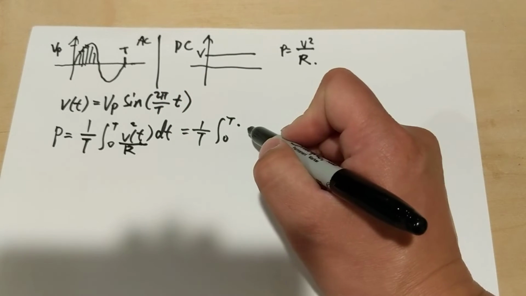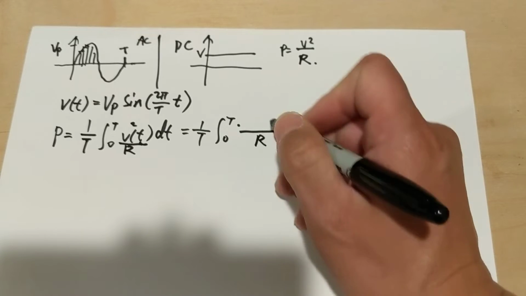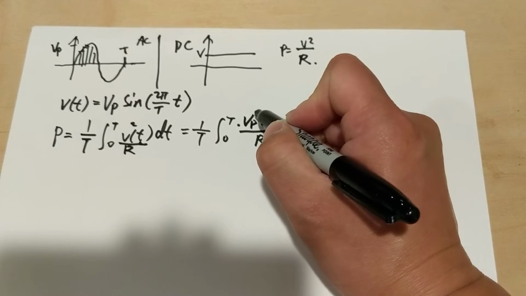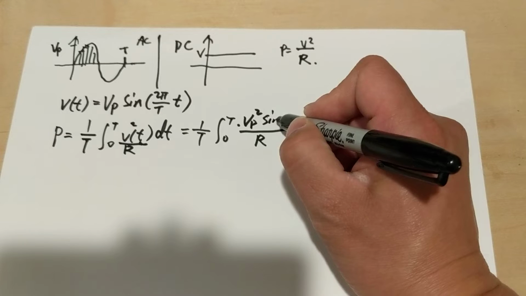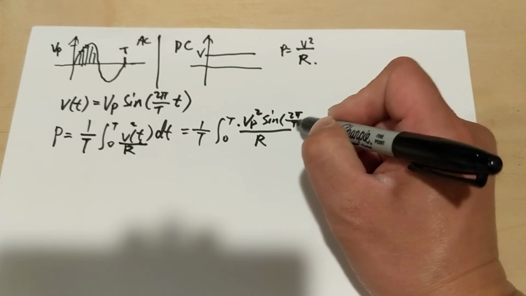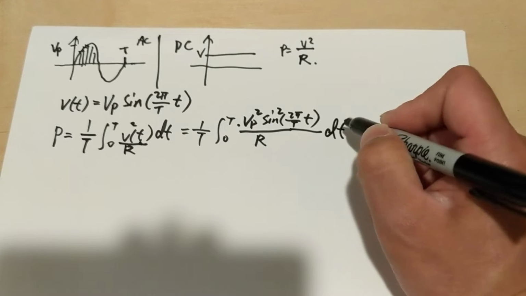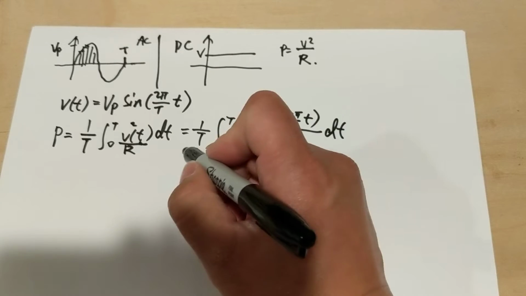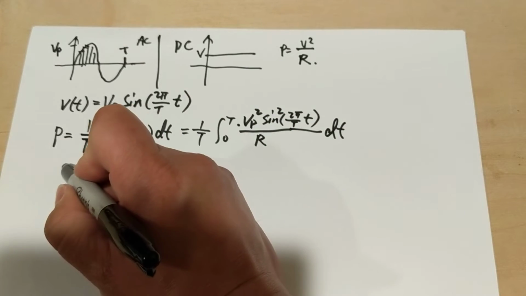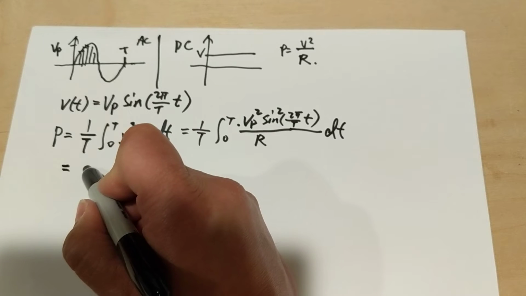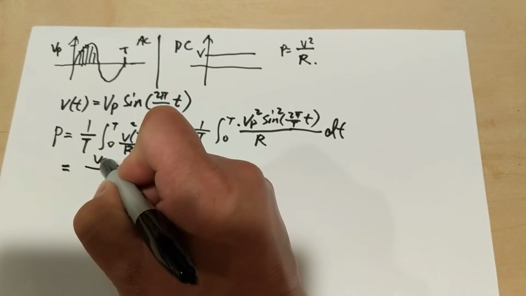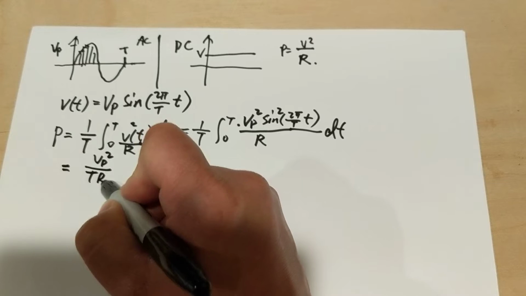Divided by the resistance R. So it's Vp squared sine squared of 2 pi t over T, dt, and we can get those constants out. So the constants are Vp squared over TR.